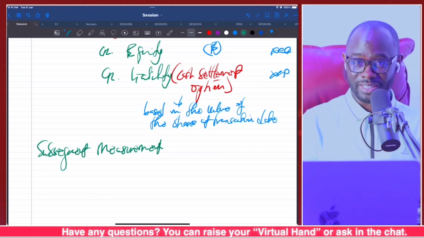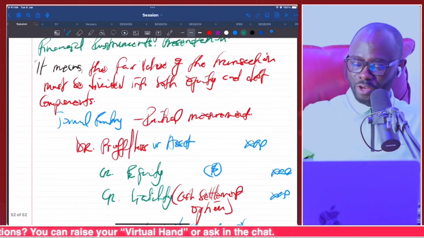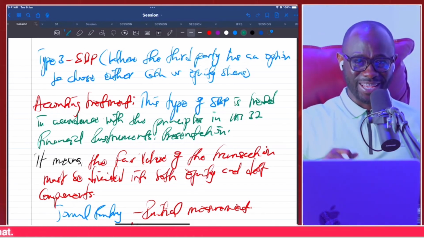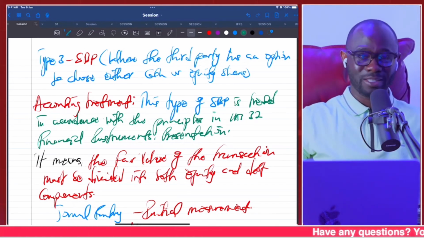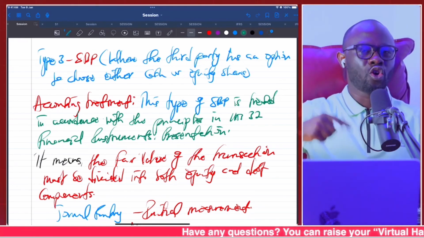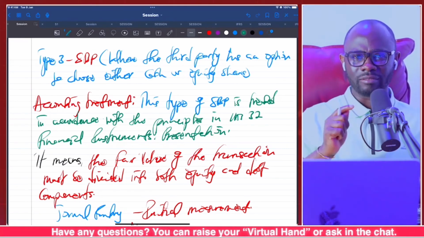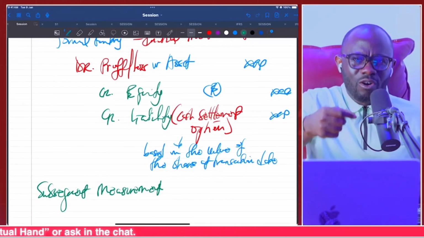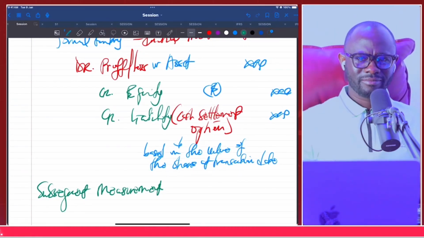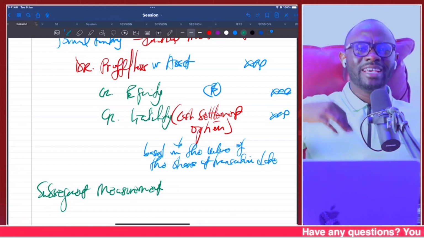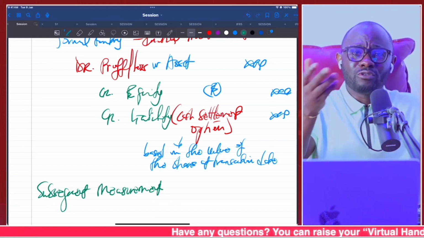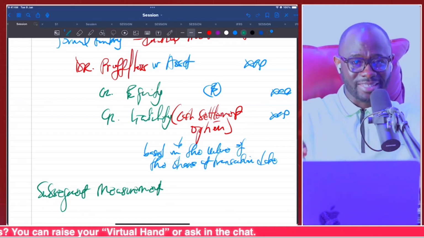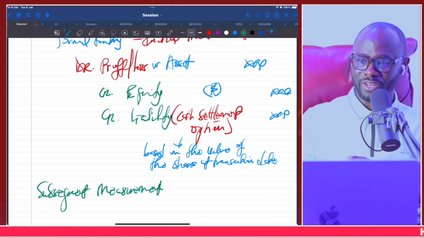When we are doing IAS 32 proper, the liability component will be carried at amortized cost. But when you're in share-based payment, it is not. Why? Because the initial measurement, you measured it based on the value of the shares of the company. So on subsequent measurement, it is the same thing we do. Because remember, we will pay the person based on the value of the shares of the company. See how beautiful it is?